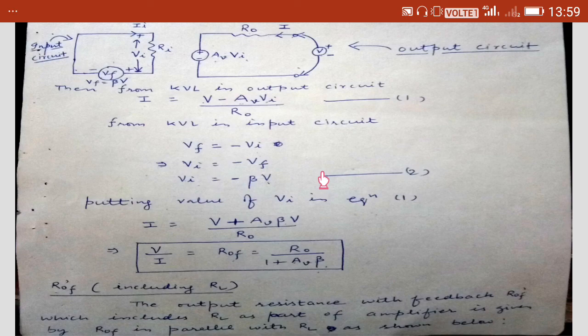Okay, so now we have proved our previous conclusion that in case of voltage amplifier, input resistance will increase and output resistance will decrease. But it is not universal for each and every topology.